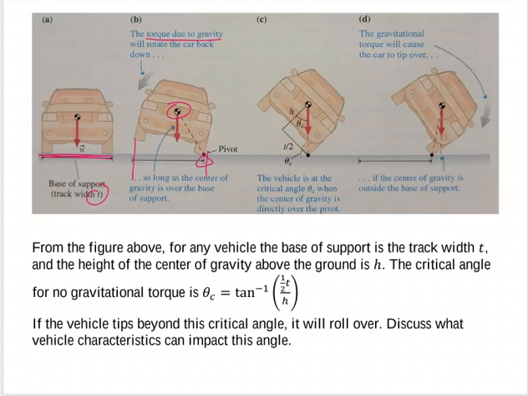Now, the vehicle eventually winds up at the critical angle theta sub c. Theta sub c is this angle sitting right here, which is also this angle making with the ground. At this point, the center of gravity is directly over the top of the pivot, which is our tire that's touching the ground right here.